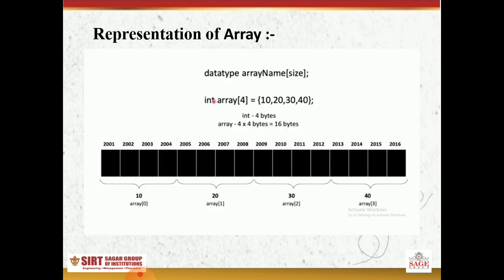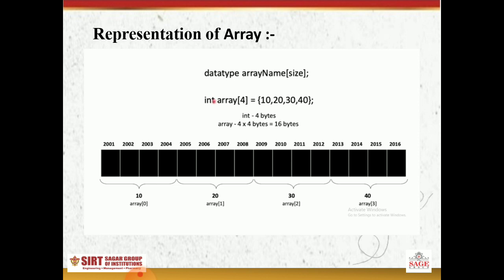Now representation of array. How we represent an array or declare an array in a program? So there is a method. Firstly, we define the data type. After that, we assign the name of array and then the size of array in the bracket.